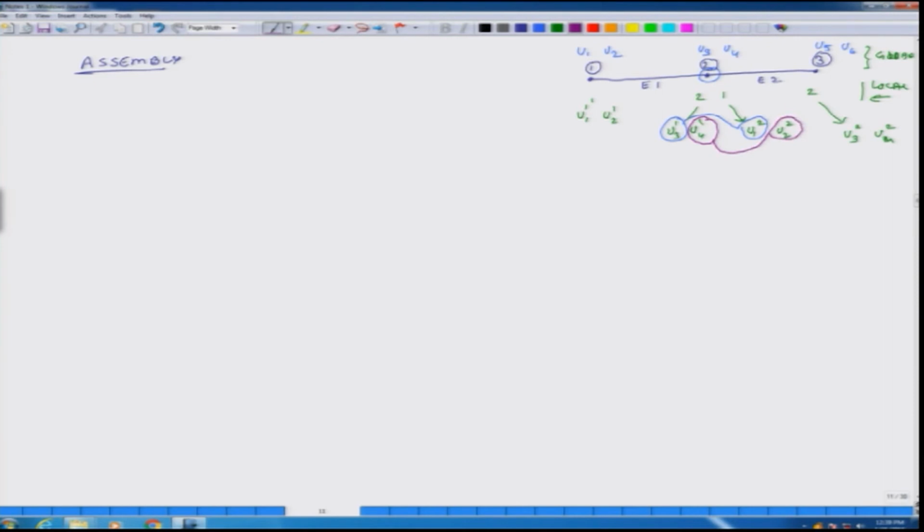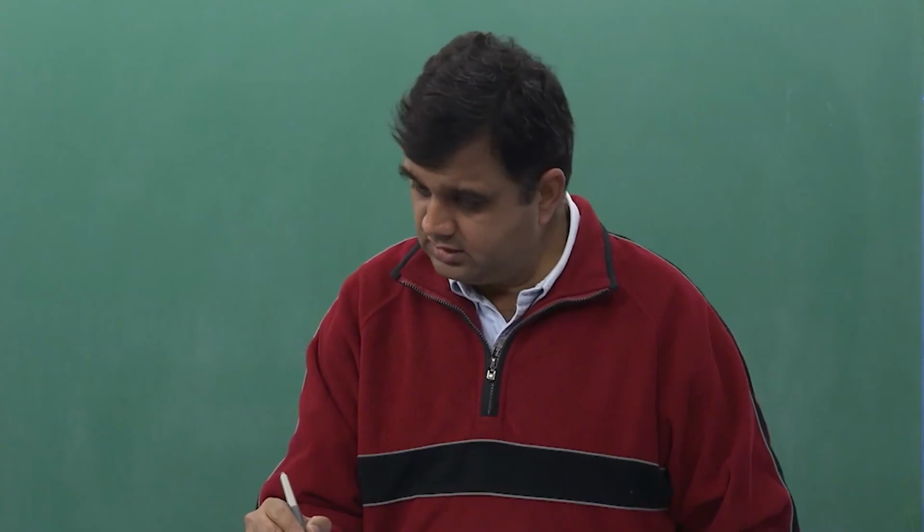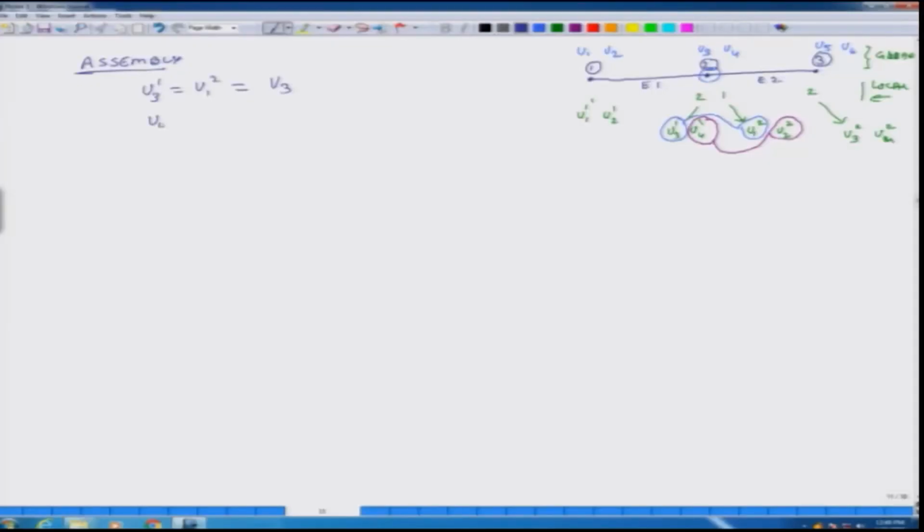So, the conditions at the common node are u3 of element 1 equals u1 of element 2, and that equals my global degree of freedom, which is u3. Similarly, u4 of element 1 equals u2 of element 2 and that equals u4. And because I am equating these, these are the conditions for continuity.